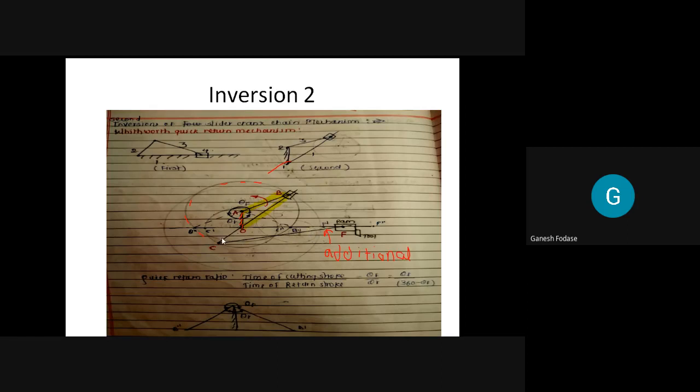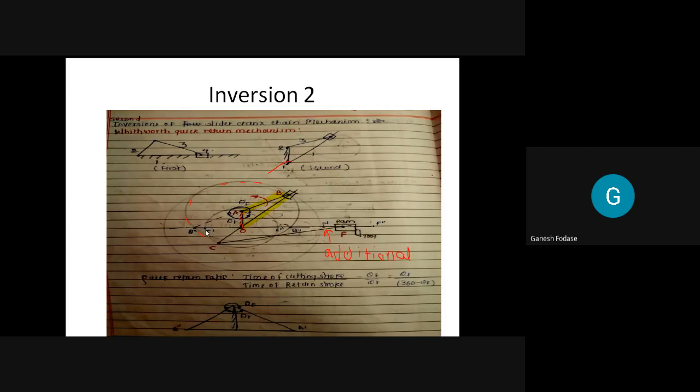Now what happened? Let's say we start moving this link in the same direction, so start rotating from OB dash to OB and further up to B double dash. When this crank is moving from AB dash to AB double dash, what about C's position? I'm moving it from B dash to B double dash, this path is traced. What about C?